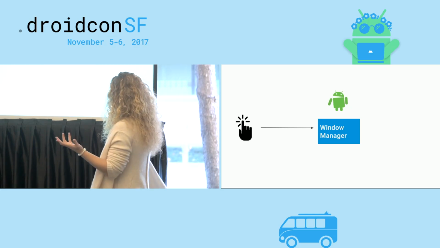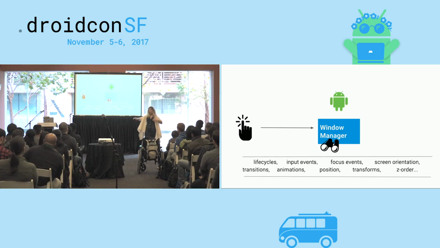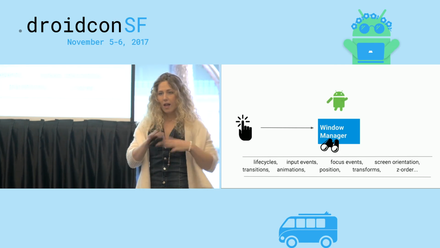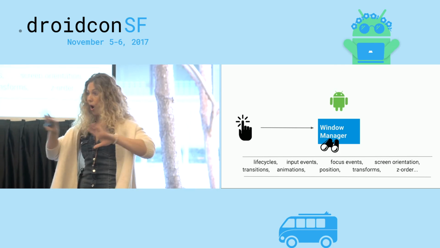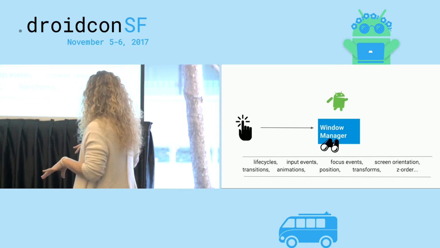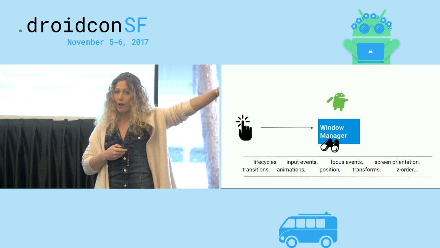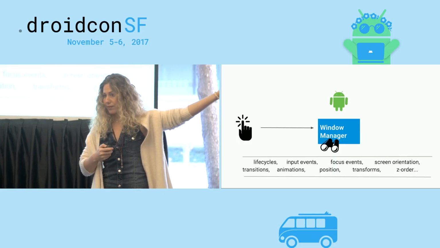So the window manager, like I said, he knows everything about the sizes of the view, about the views in the windows, of course, the life cycles, input events, positions, the Z ordering. He knows all about those for all the system. He grabs all the information about the window that we need to prepare for the new app, right?